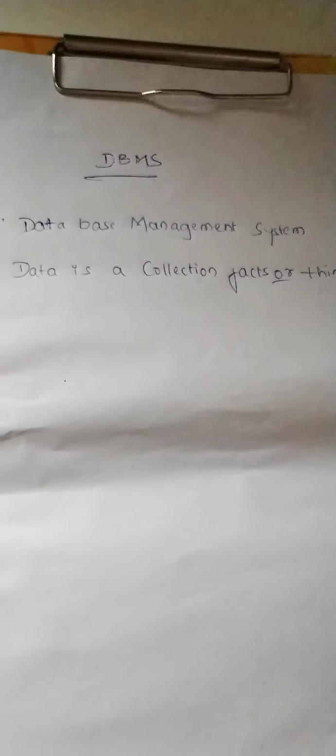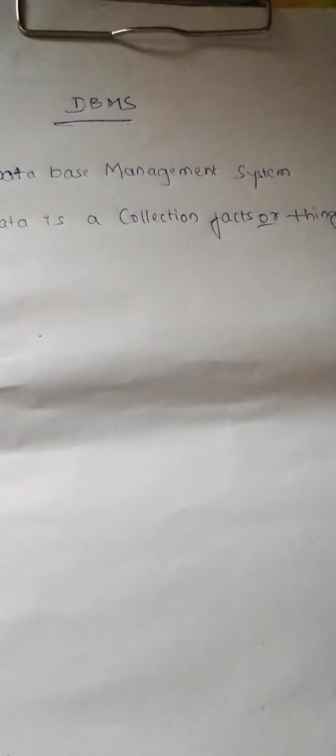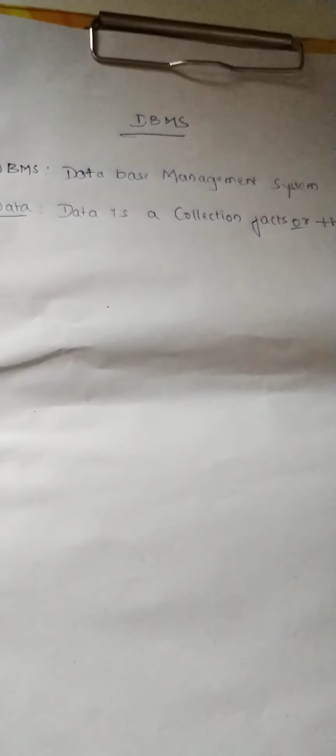Whatever it may be, we can say it is a collection of information. Whether it is related information or unrelated information, whatever information we are going to collect, that collected information we are going to say as data.